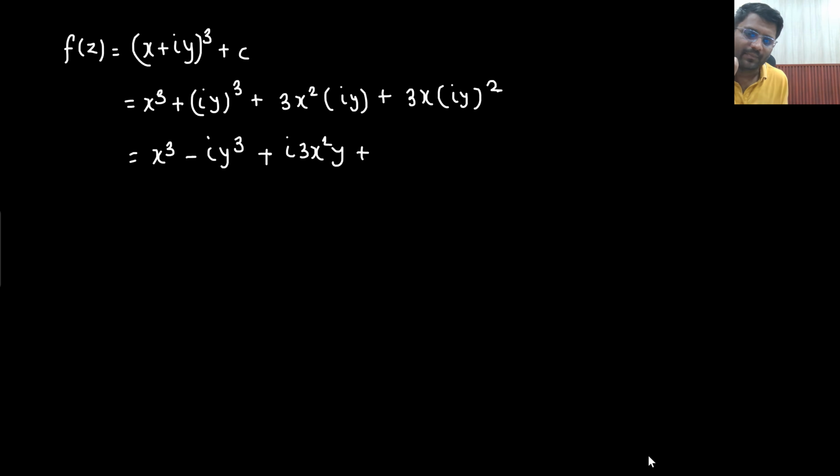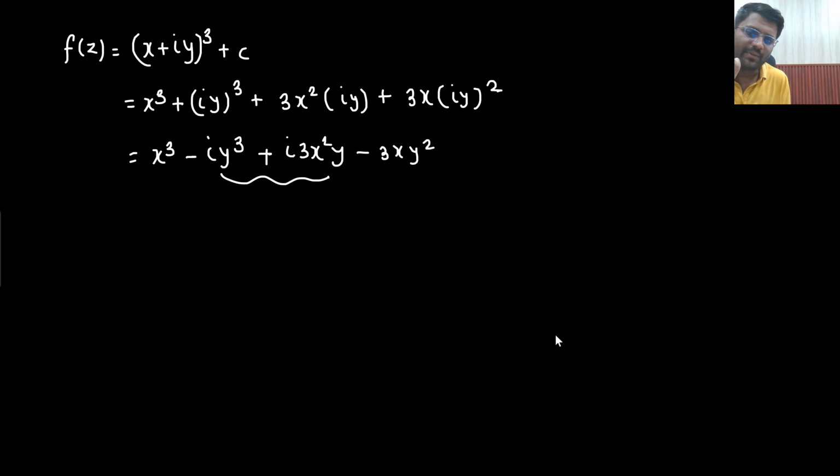I only need, what will be i cube? I cube will be minus iota, so we get minus iota y cube plus iota 3x square y minus 3xy square.